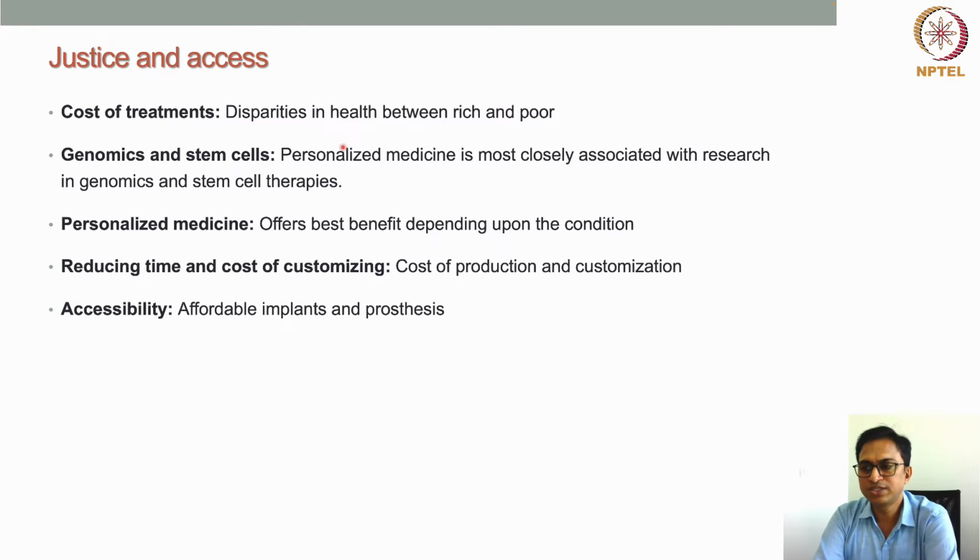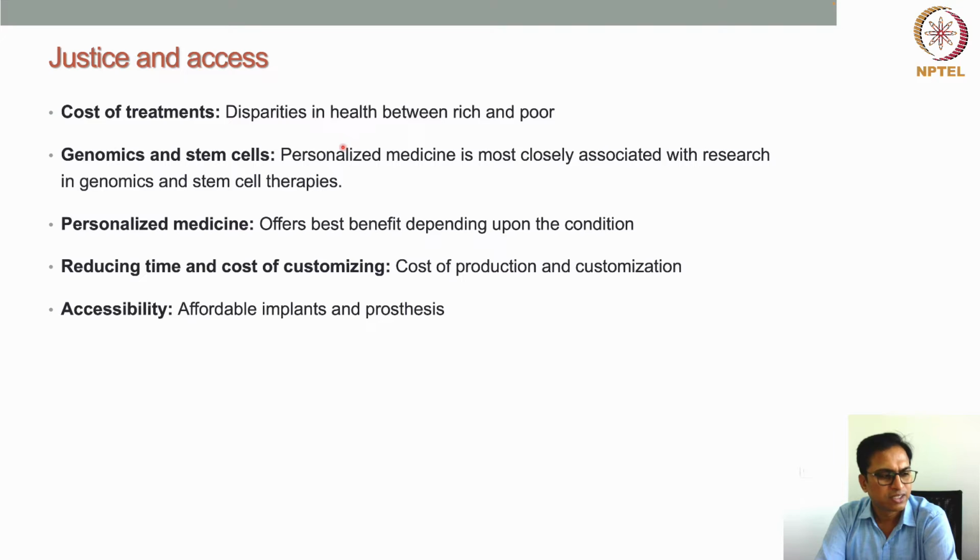With personalized treatment, there can be an increment of the associated cost, and if the cost increases, it can increase the disparities in health between rich and poor. Maybe the rich people can afford this technology, but what will happen to the poor people?